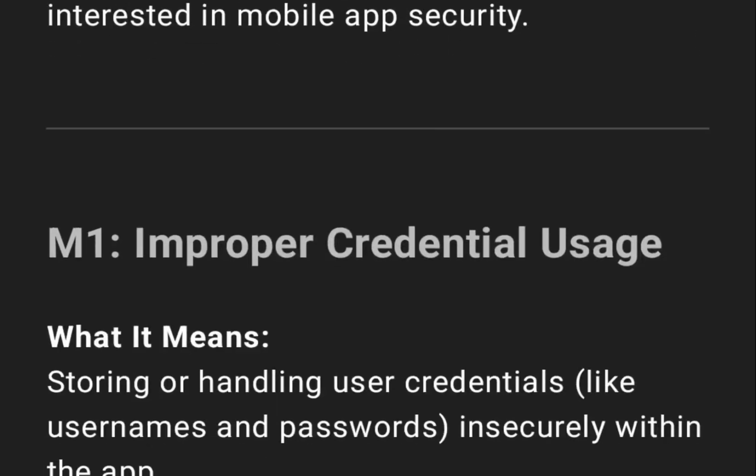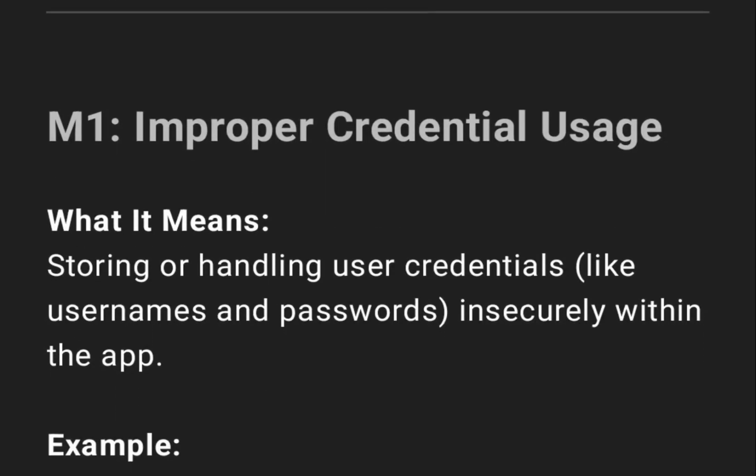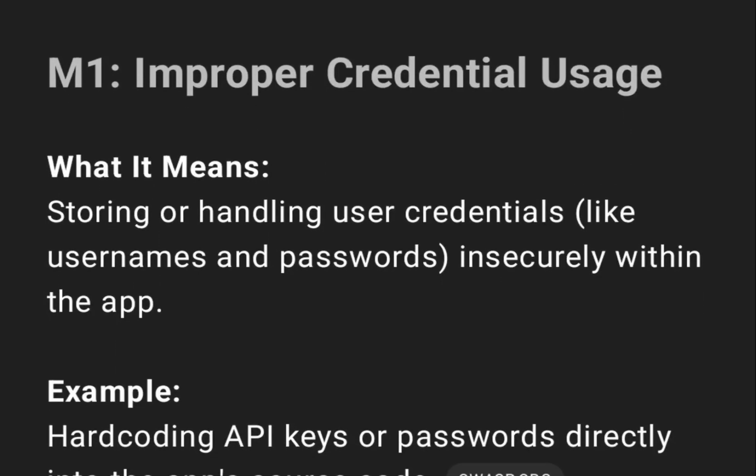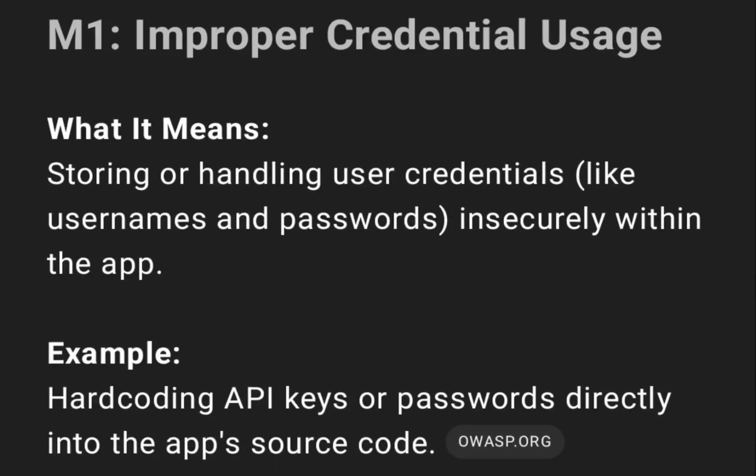application security testing. First one, improper credential usage. What exactly it means is storing or handling users' credentials like username and password insecurely within the particular application. As an example, hard coding of API keys or passwords directly into the application source code is one example of improper credential usage.